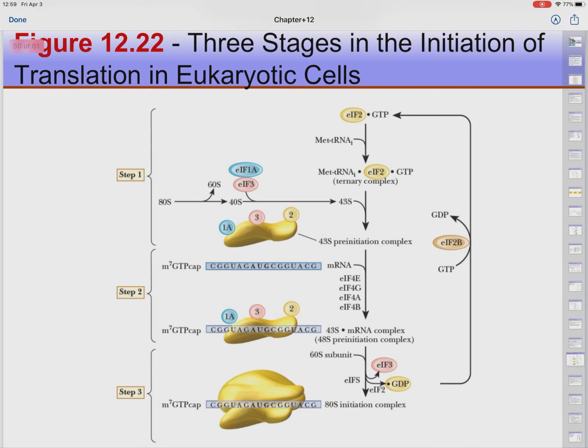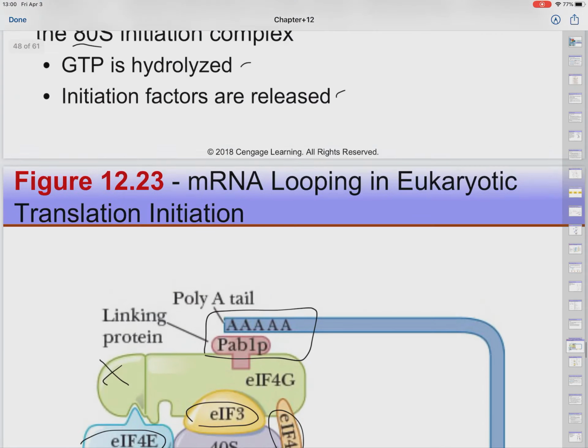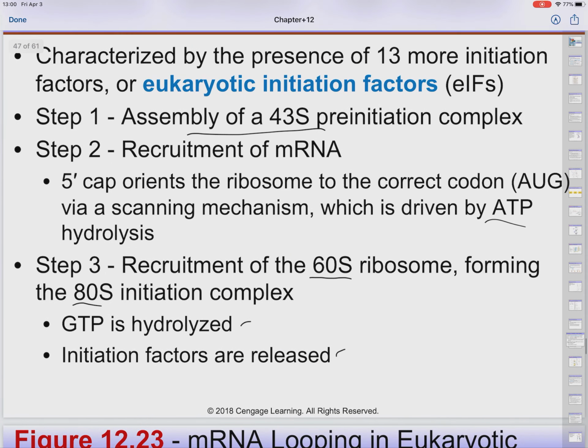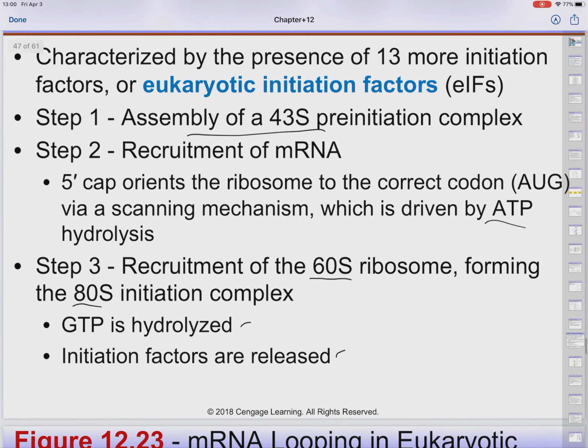Step 2, we just said, was, what did we say step 2 was? Man, my short-term memory is not that great. Orients the ribosome to the correct codon. Recruitment of the mRNA. I guess we could have seen that. Right here's the mRNA, and now it's bound. And then the 80S initiation complex is formed. Initiation factors fall off. So then it's ready.